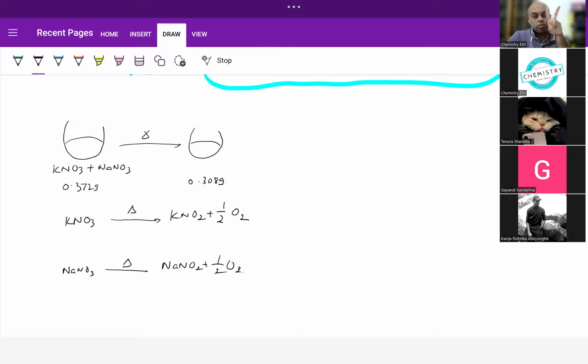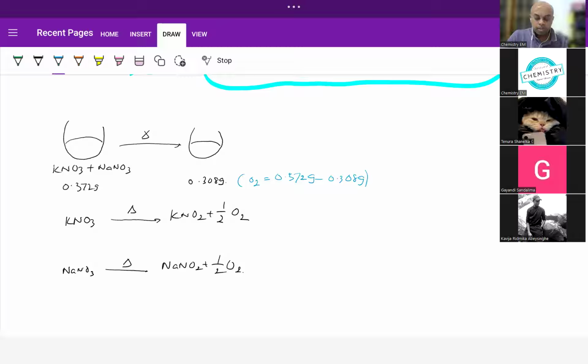Now if you deduct the two masses, you can see how much has been released. The released amount is equivalent to the oxygen. So oxygen mass will be equal to 0.372 grams, because both equations are releasing oxygen, minus 0.308 grams.